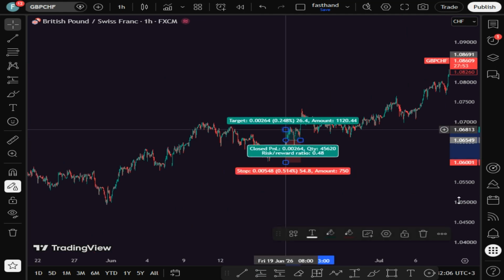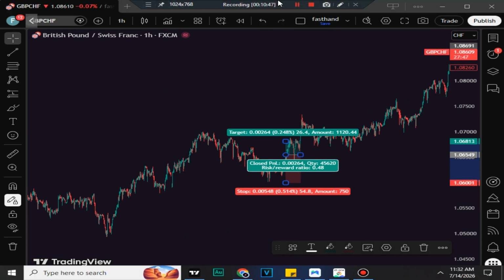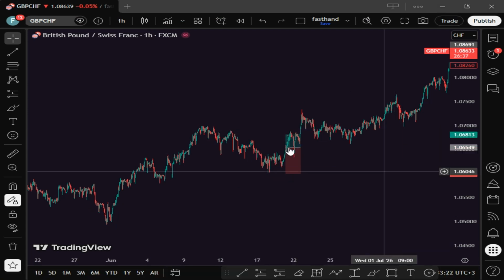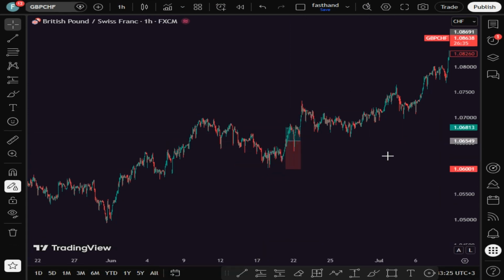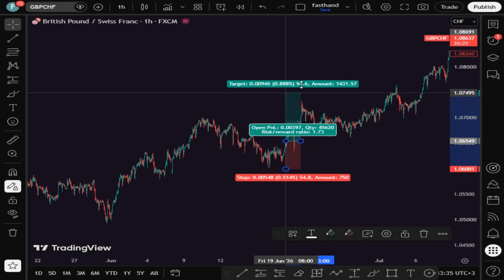So if stop loss is 54, this market has given us 54 pips. There is a possibility that this market is going to give us times 3 of 54. That's why I always target 1:3 when I backtested this system.